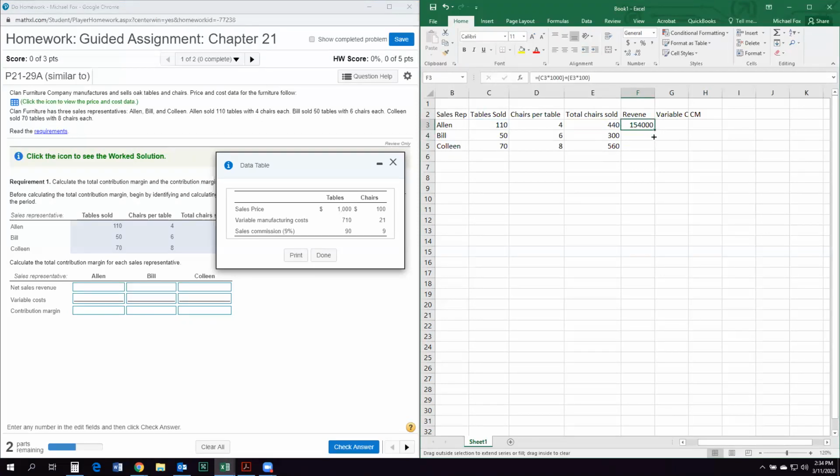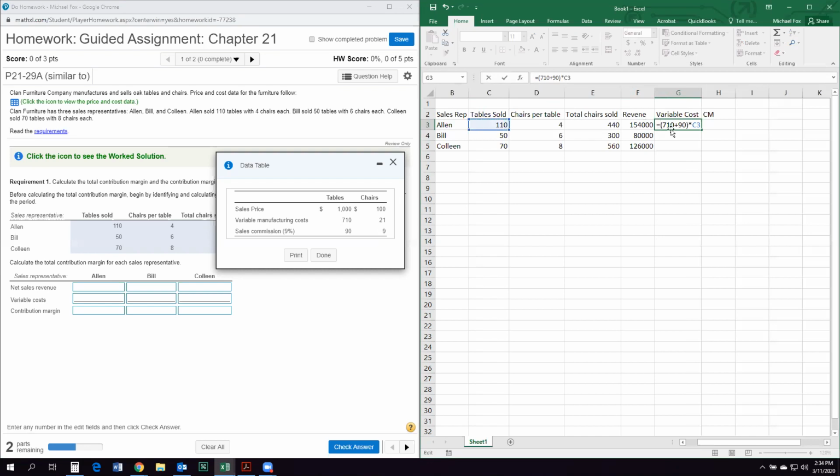And now that I have that formula in, I can just fill it down, and that'll tell me the revenue generated by Bill and by Colleen. My variable cost is going to equal my variable manufacturing cost, so 710, plus my sales commission, which is 90. So that amount times the number of tables sold.